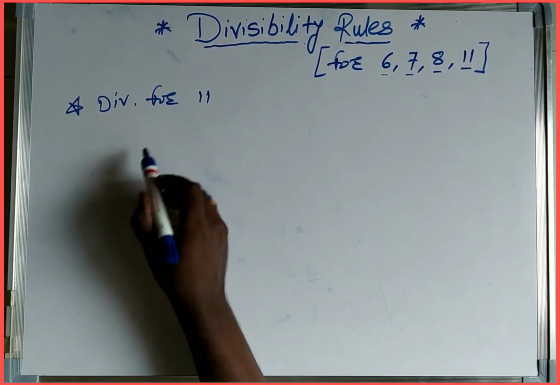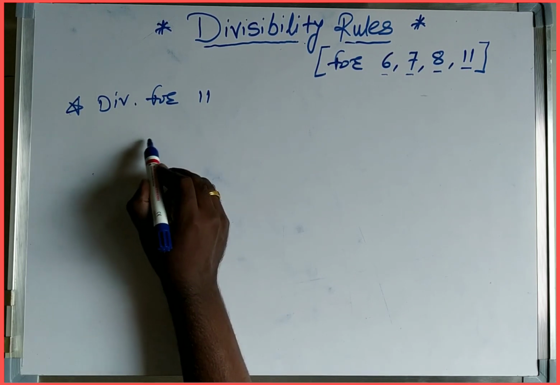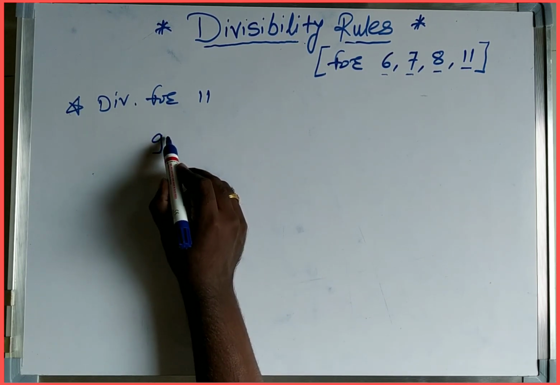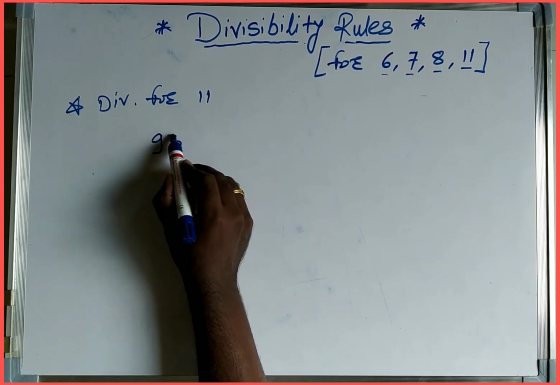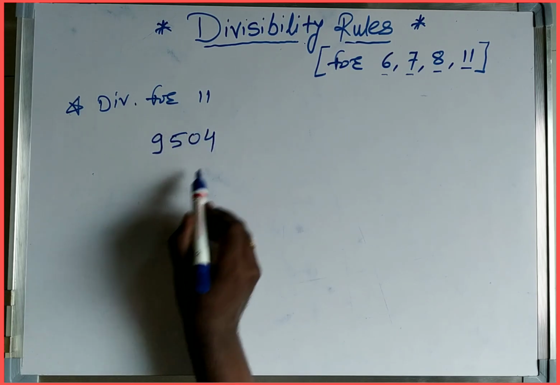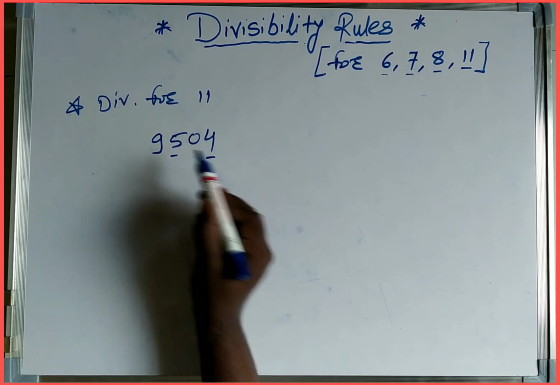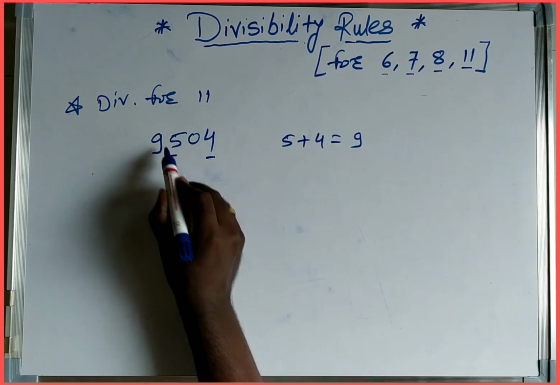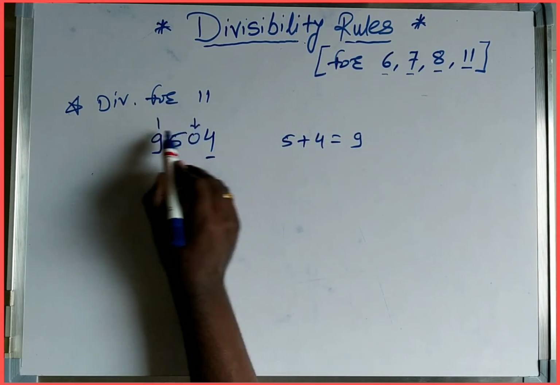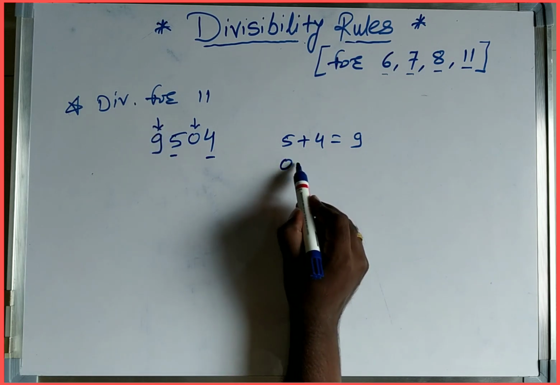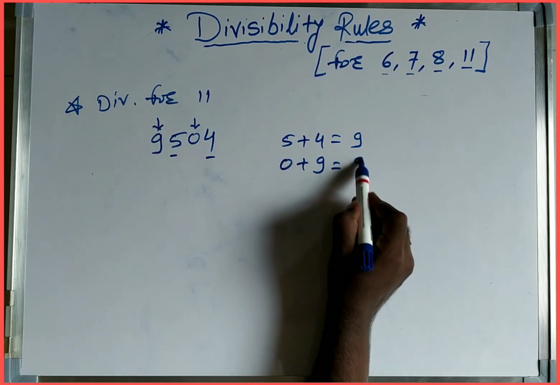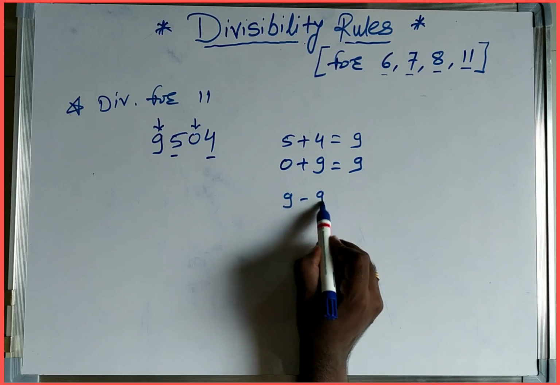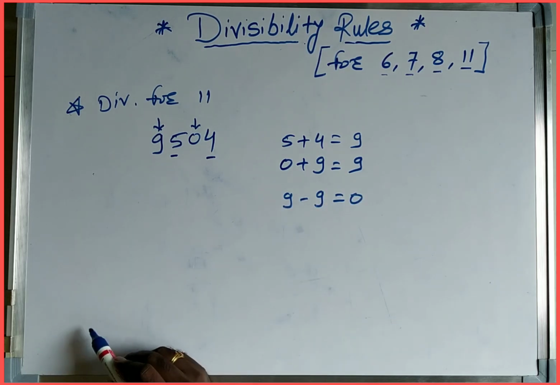Now we will take another example for the divisibility rule for 11, that is 9504. The odd placed digits are 5 plus 4, which is 9, and the even placed digits are 0 and 9, that is 0 plus 9, which is 9. What is the difference? 9 minus 9 equals 0.